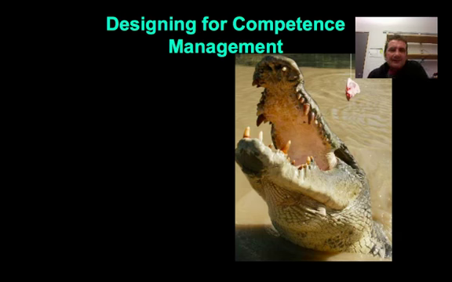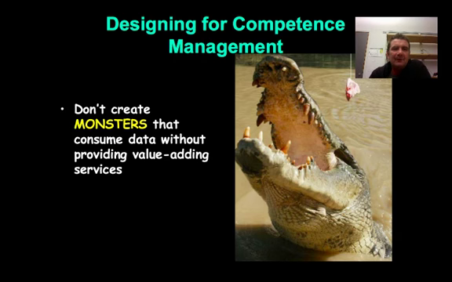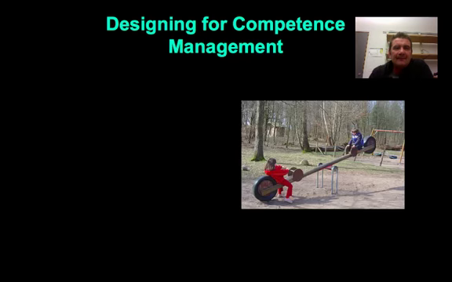I have often illustrated this with a kind of a monster metaphor. The system becomes a monster that you constantly have to feed with data without any value-adding services being able to come out in the other end. So these two things, structure and service, need to be balanced.